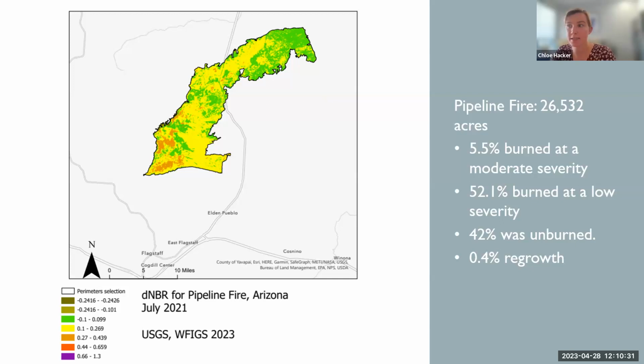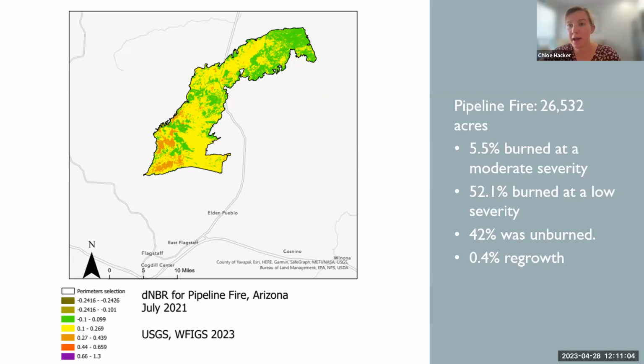And then to put it into context, we know that it burned through communities. So taking into consideration those structures that were damaged, and then focusing on higher severity burn areas and putting boots on the ground there to make a judgment of whether restoration efforts need to be implemented given their proximity to homes.